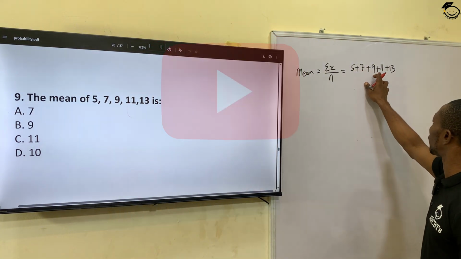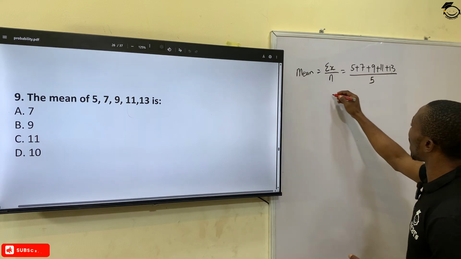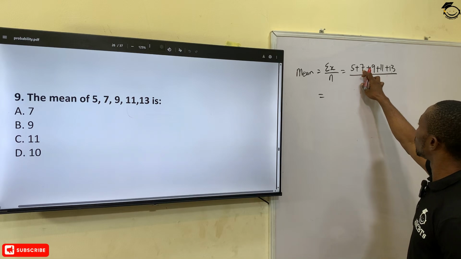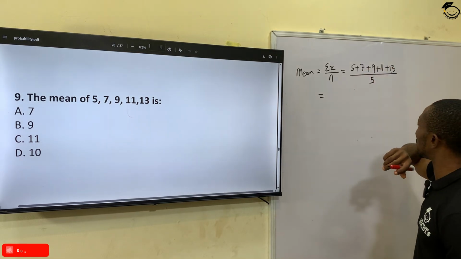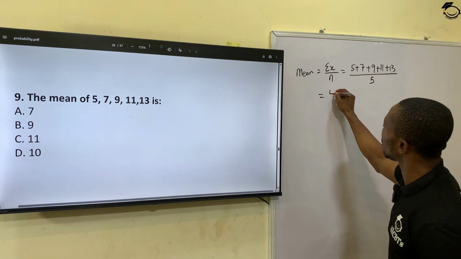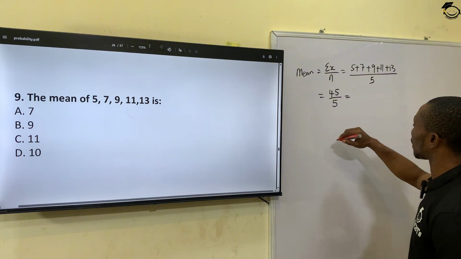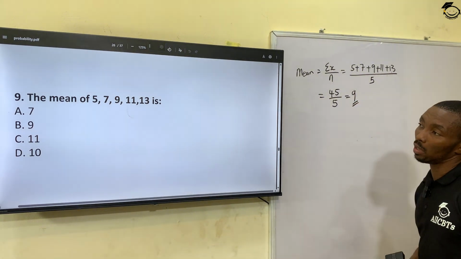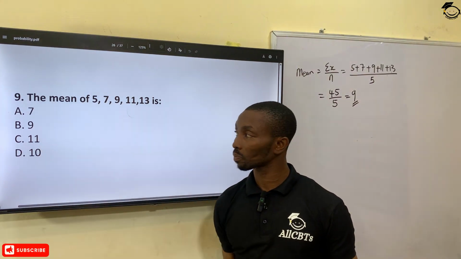We have 1, 2, 3, 4, 5. So divided by 5. Now adding all this up, 7 plus 13 will give us 20. 9 plus 11 will give us 20. 40 making 45 over 5. So 45 divided by 5 will give us 9. So the mean of a set of data would be 9.